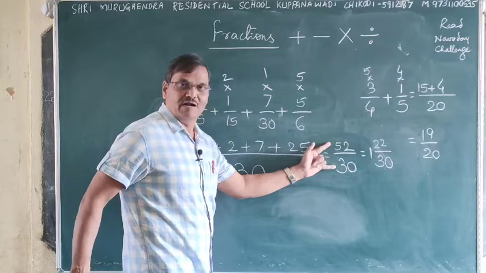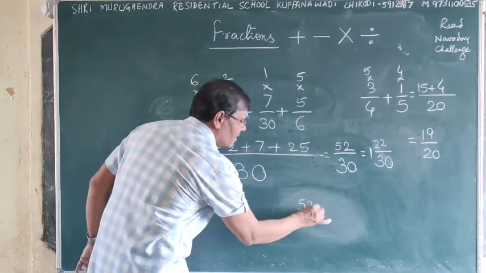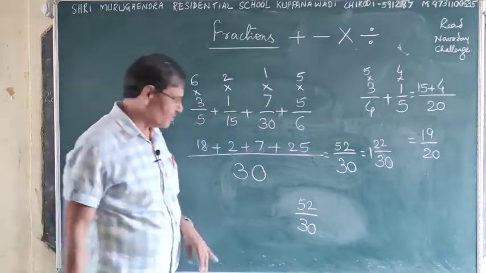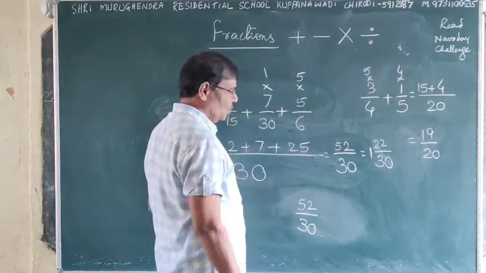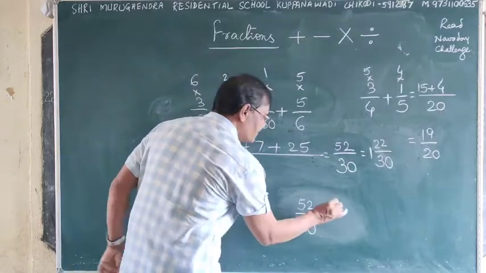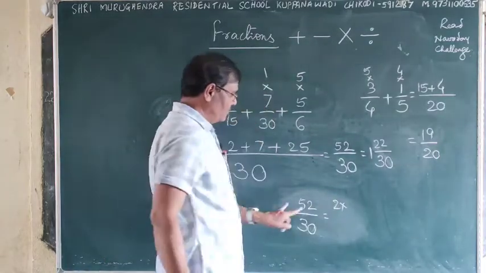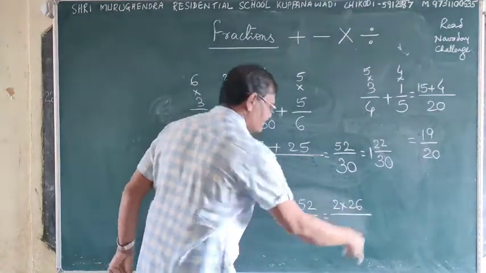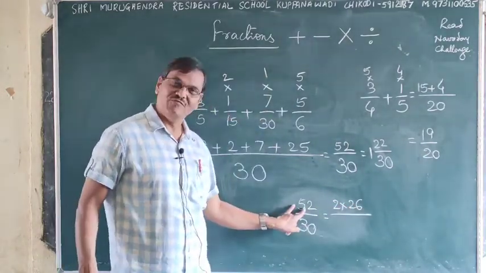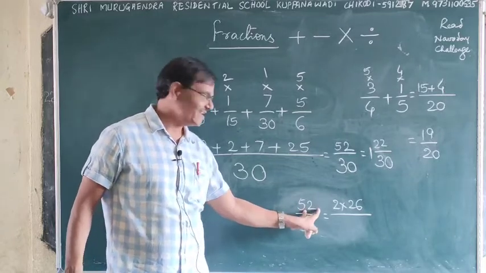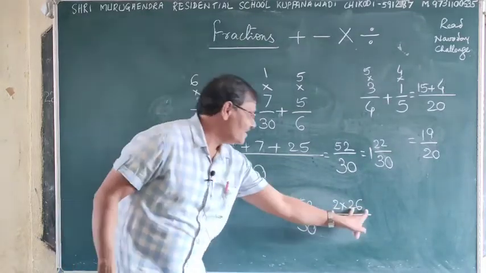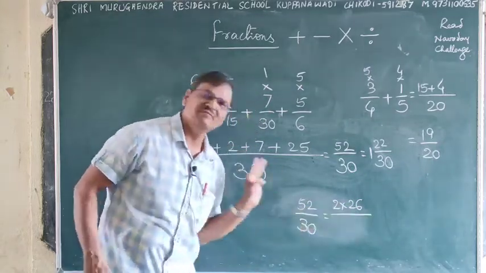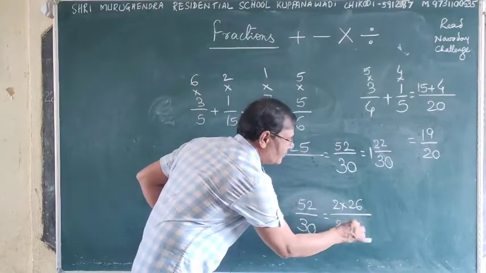Both the numbers are even numbers, so they are divisible by 2. 52 divided by 2: 2 2s are 4, 6, 1 remains, 2 6s are 12, 2 26s are 52. So 26. Then 30 divided by 2 is 15.